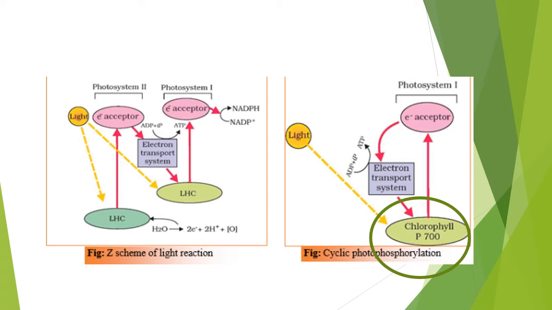Here we are seeing light is falling, chlorophylls are excited, and then the electrons are carried by a few electron acceptors. Ultimately, electrons come back to the original position. So that is photosystem 1, where ATP can be formed by getting the energy from those released electrons.